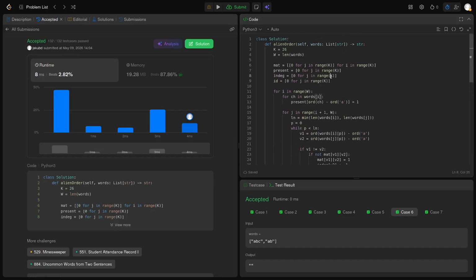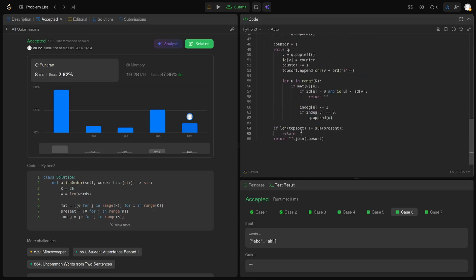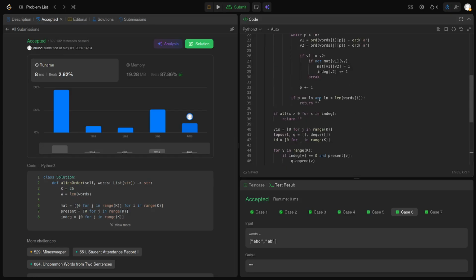I guess. So the only thing is that, let's call it like x is this, and now if not, then total present is 0, and then in len top so doesn't total can actually return way sooner than that.